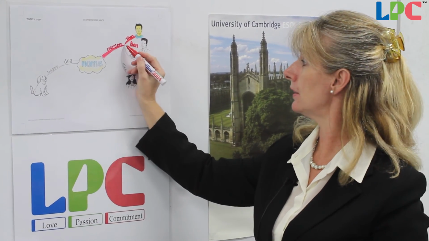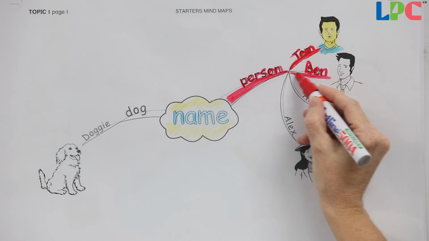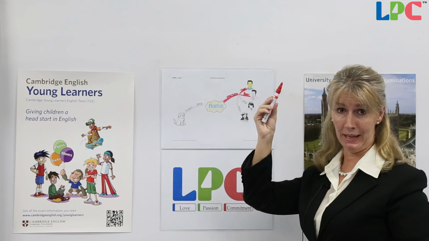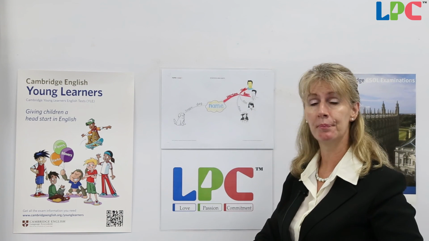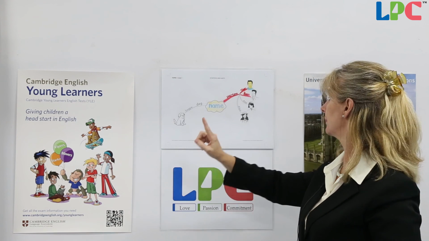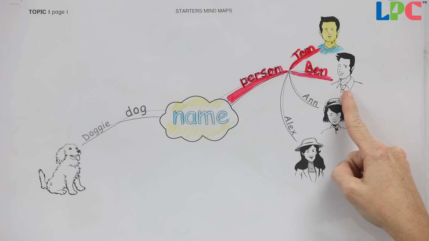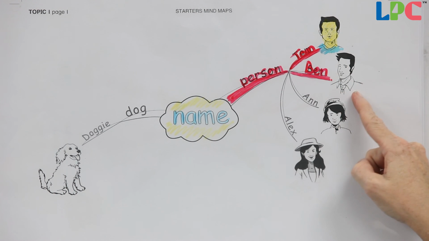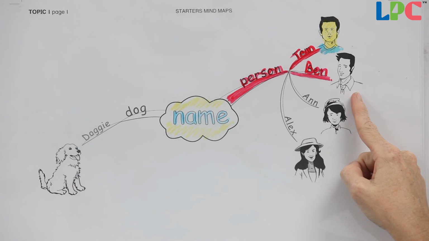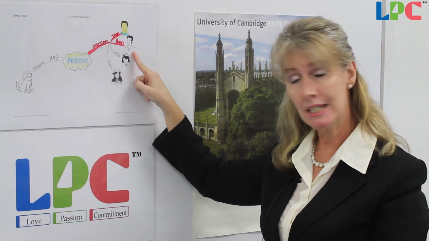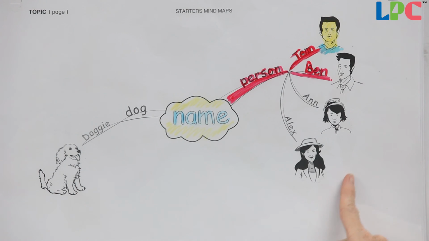Ben. And colour red. Pencils down. Ben. Colour Ben any colour you like. And you continue around the mind map until you come to dog.